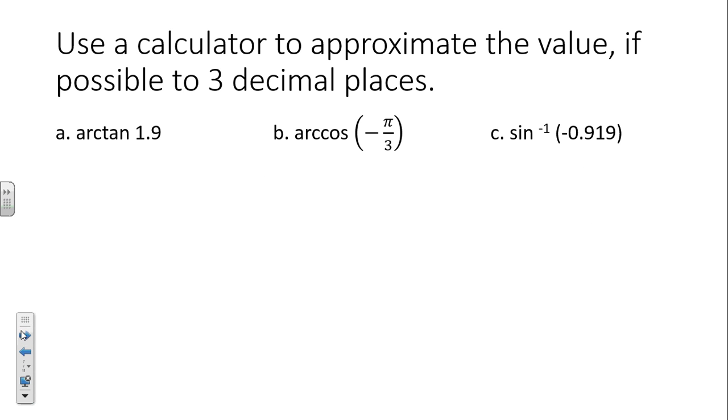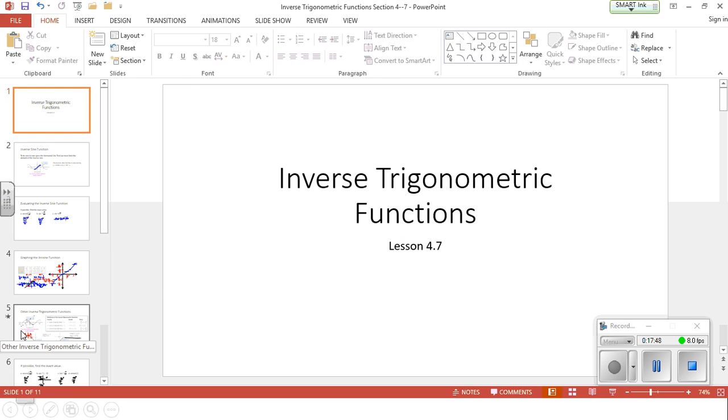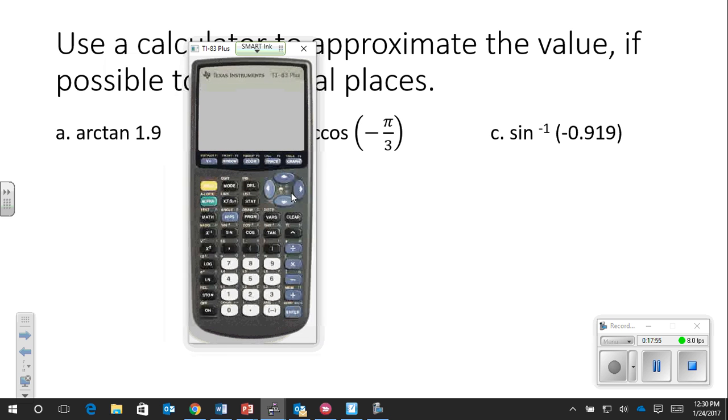So now we're going to use a calculator to approximate. Okay, so let's pull out our calculators. Some kind of scientific or graphing, it doesn't matter. Good question.